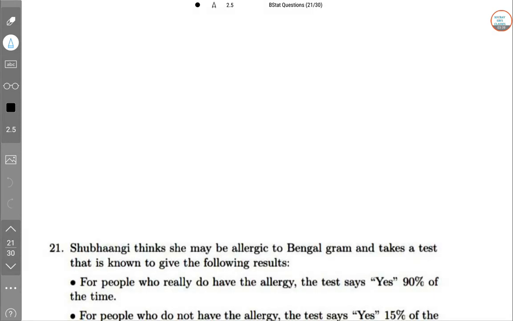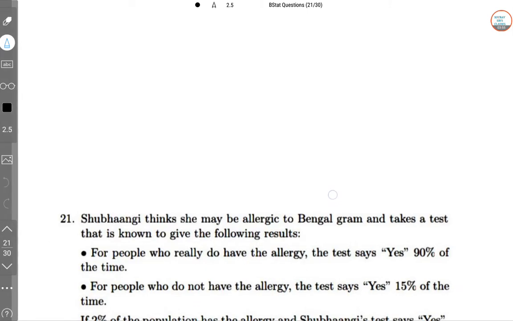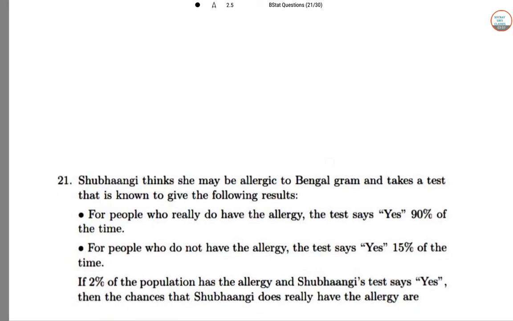Answer is A. Next, it's a small question, quickly we can solve it. Please have a look into it. So let's see what Shubhangi thinks. She thinks she can be allergic to Bengal gram and takes a test that is known to have given the following results.